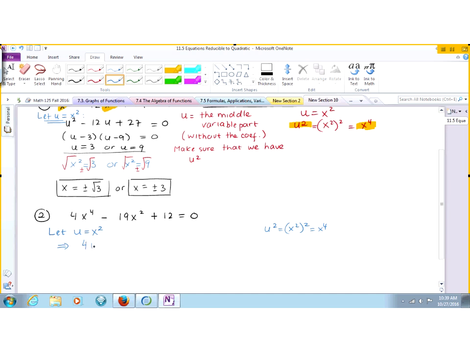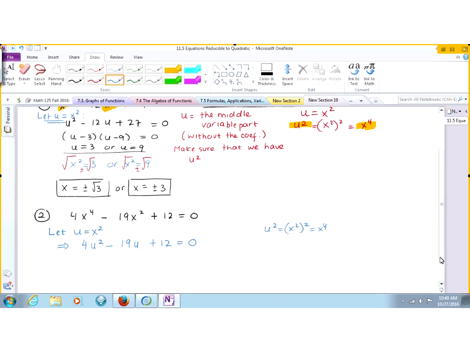So what do I write on the next line? 4u squared minus 19u plus 12 equals 0. Yes, you're right. Now, is this factorable? No? Can we try the AC method?